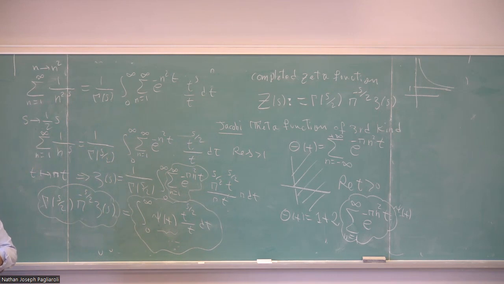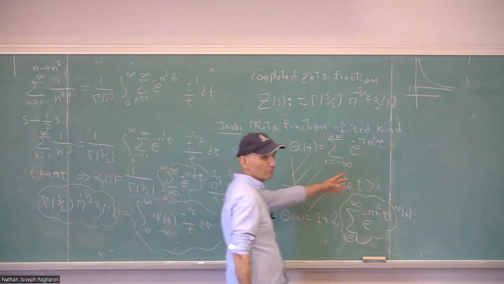Okay, I'll give $5 to the person who can make the right guess. 1 over ln? No, it's not. Wait a minute. 1 over ln goes to 0 as t goes to 0. It doesn't go to infinity. You have to have something that goes to infinity.